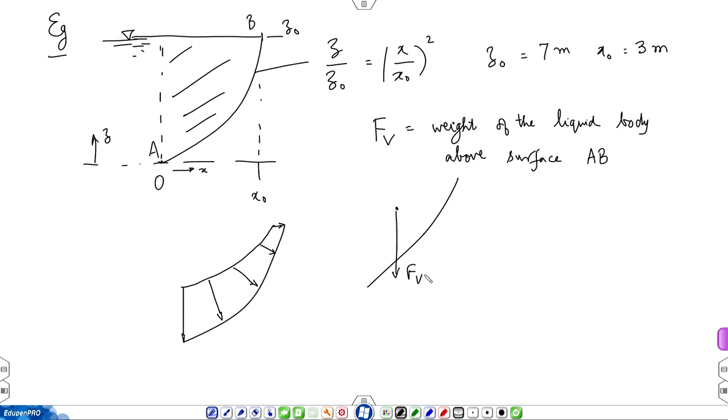How much is that weight? Okay, now we are working with two dimensional objects, that means the object is unchanging in the other direction. So, per unit meter normal to the plane of the blackboard, the weight will be area times density. Okay. So, F v will be area times density times g.